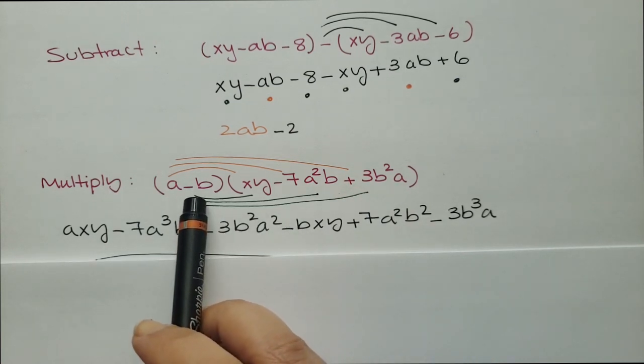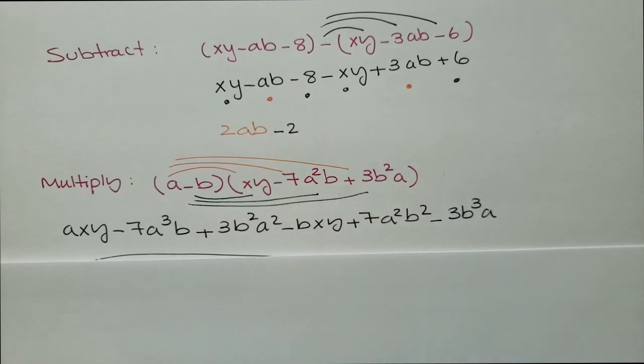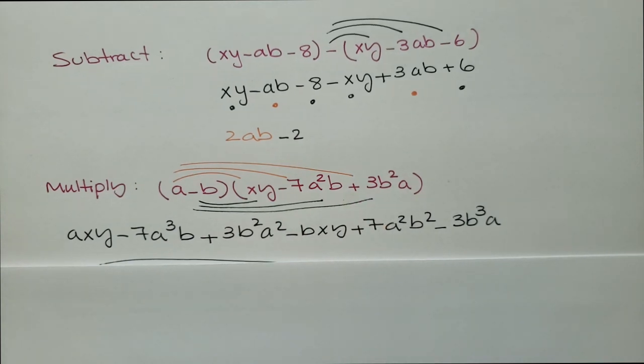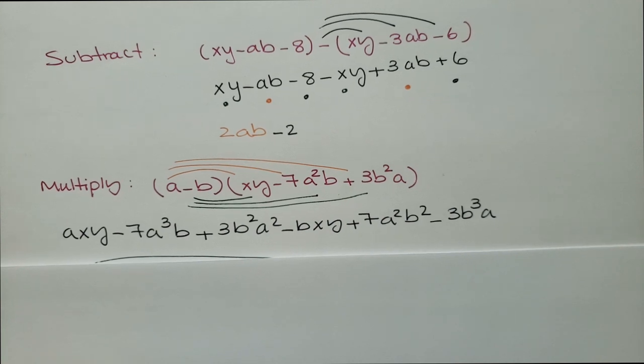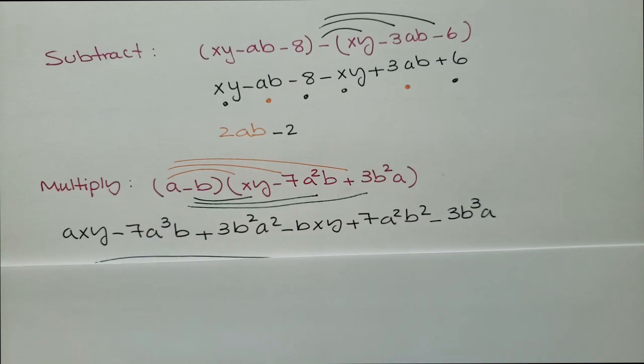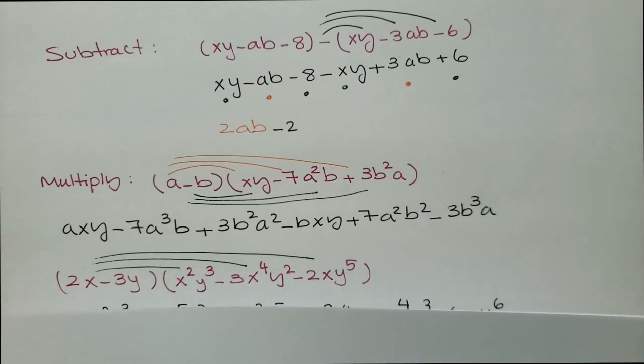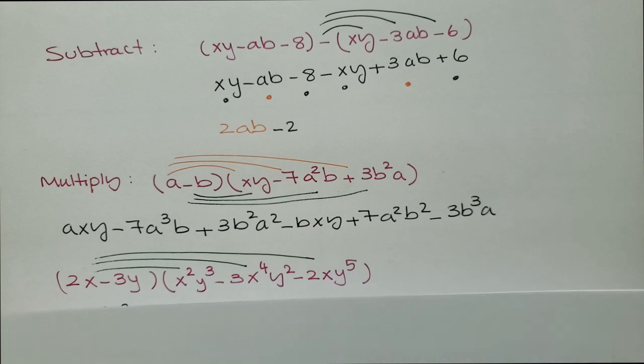I'll do the same for the second term and multiply it by each term in the second bracket, but just pay attention here that the coefficient or the sign of the second term is negative. After doing all the multiplication, the last step would be simplification. But as you can see, there are no like terms, so that would be the final step.